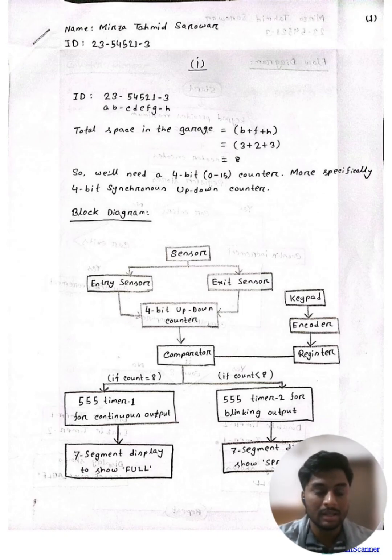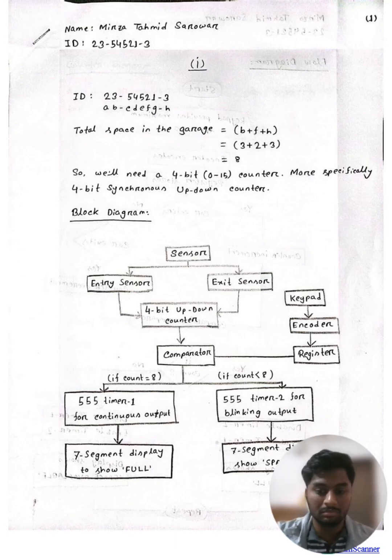The total space of the garage, in my case, will be 8, and we will need a 4-bit counter, more specifically a 4-bit synchronous up-down counter. We will talk later about why we used a 4-bit synchronous counter. For now, we will move to our block diagram.